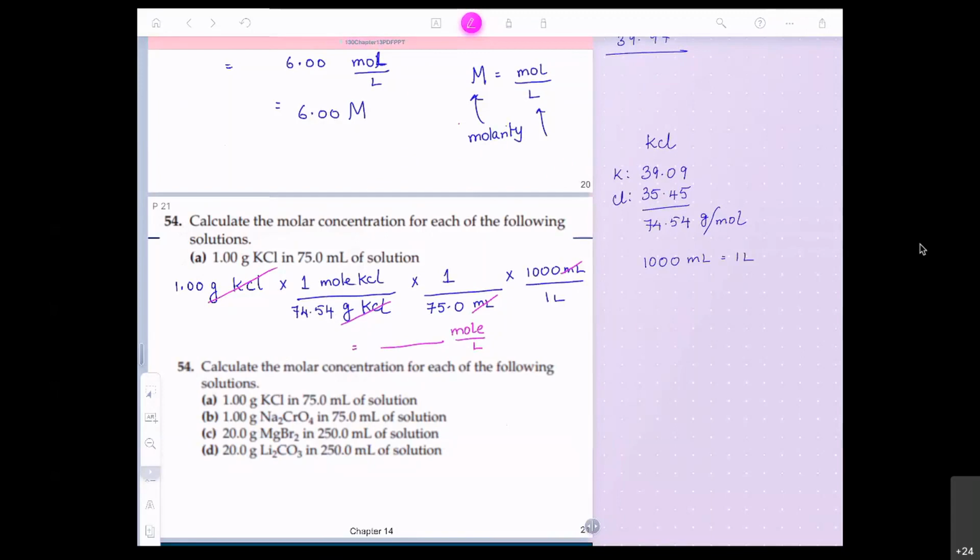So we will go to 3 significant digits. That'll be 0.179 moles per liter. You can also write it as 0.179 M. Typically, although it is moles per liter, molarity is represented by the symbol M. Moles per liter and molarity are both units. They mean exactly the same thing.